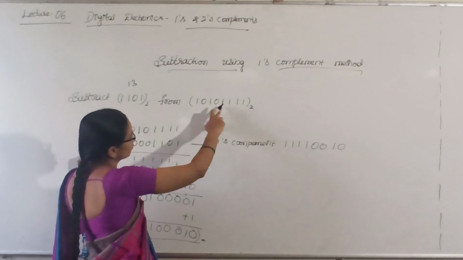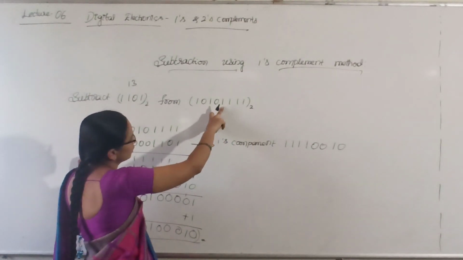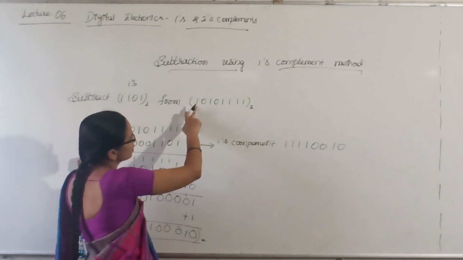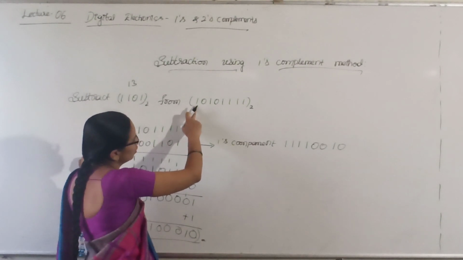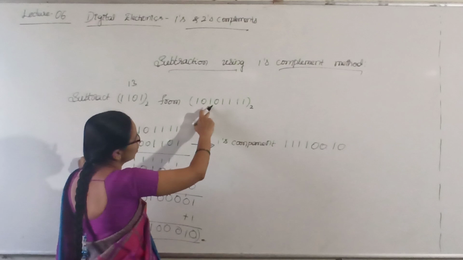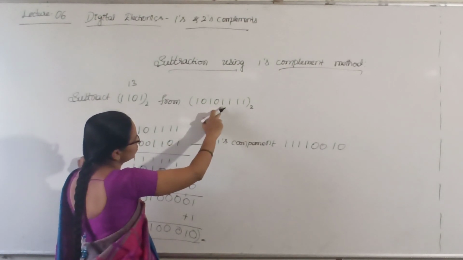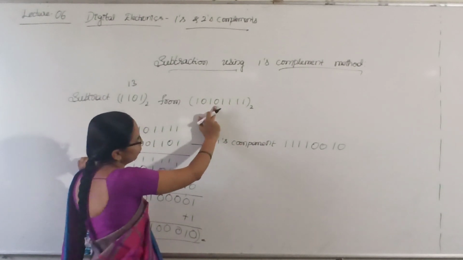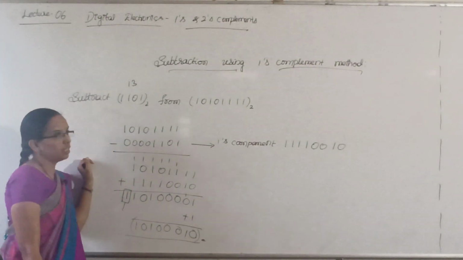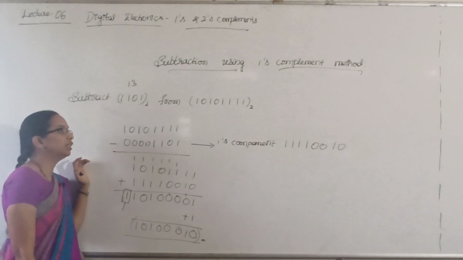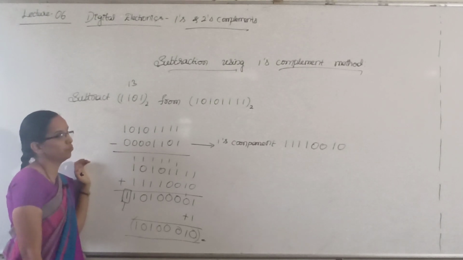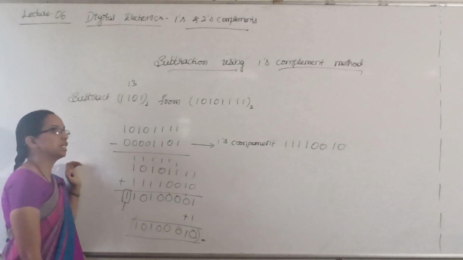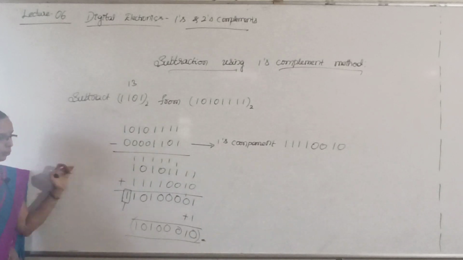This is our 15. 127, sorry. 128 plus 32, that is 160. 160 plus 15, that is 175, minus 13. 175 minus 13 will be 162.